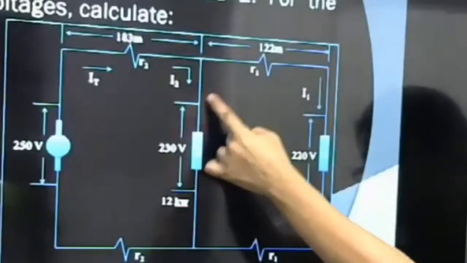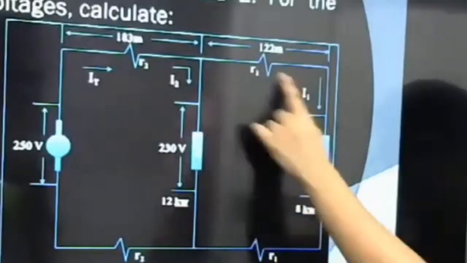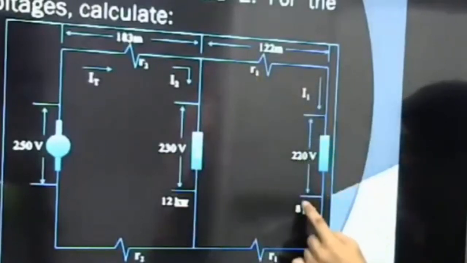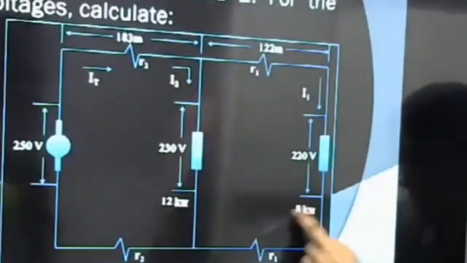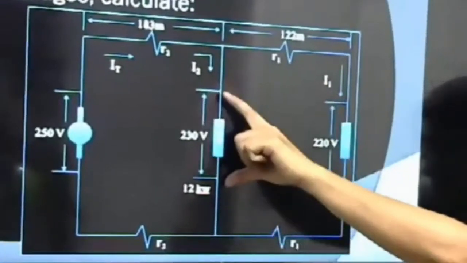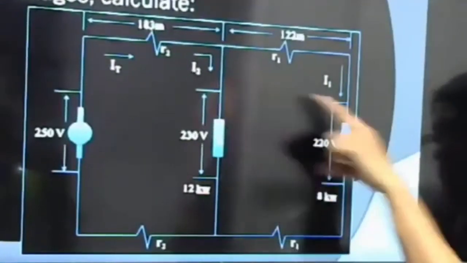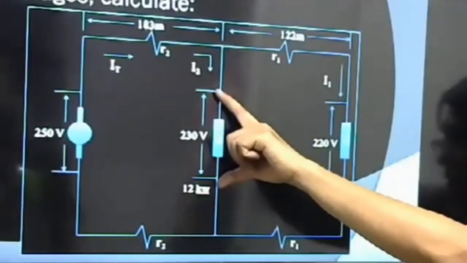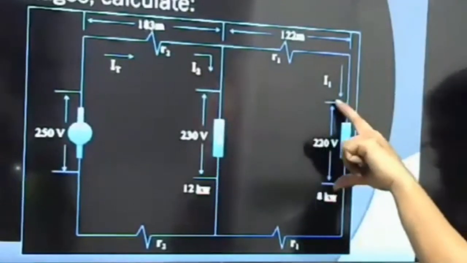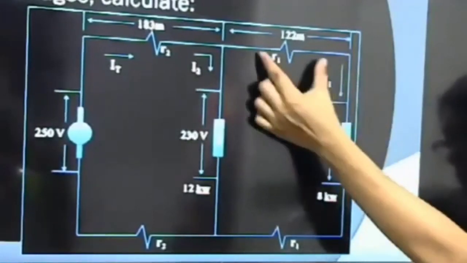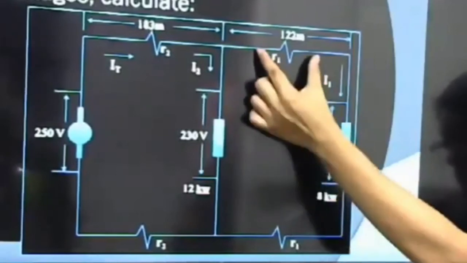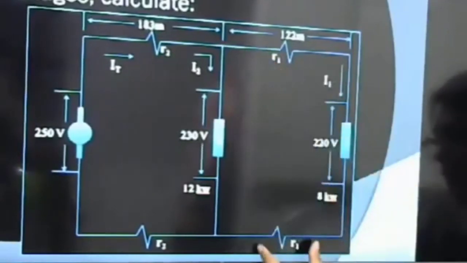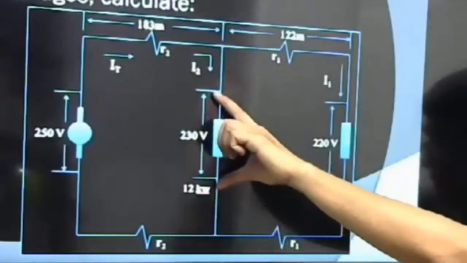Take a look at this loop. Again, we can make use of Kirchhoff's voltage law. We have 230 volts here and 220 volts here. The 220 plus the voltage drop across the R1 on the up side and the R1 on the down side is equal to the 230 volts.